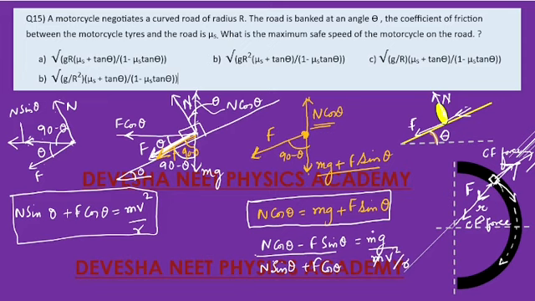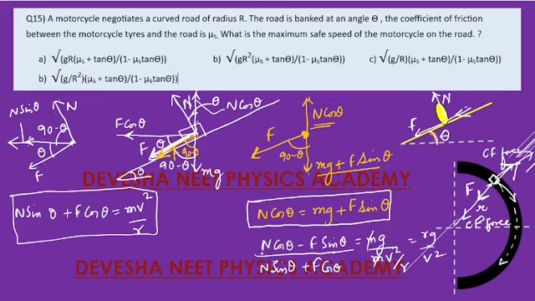You will divide that by that. The m gets cancelled here. This is r. So this becomes rg by v square.